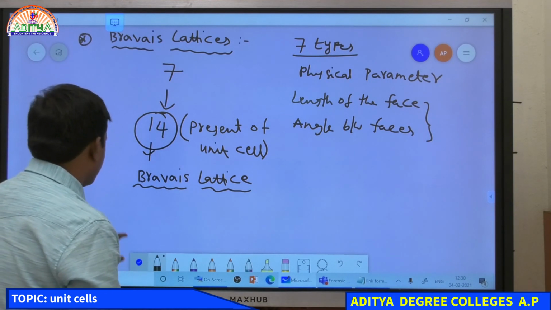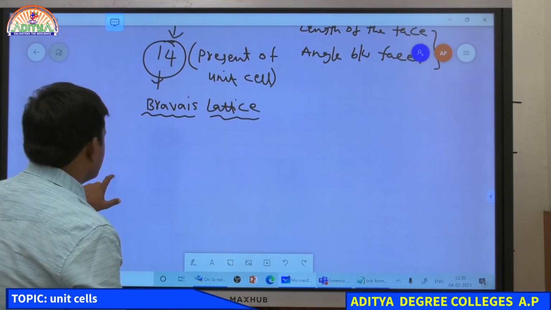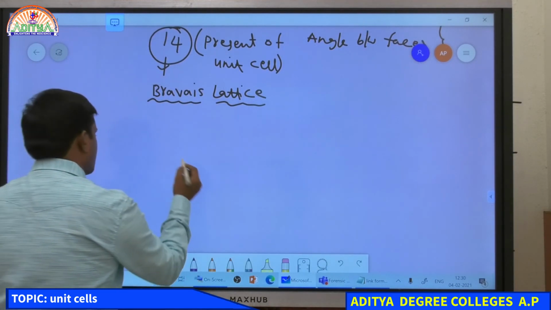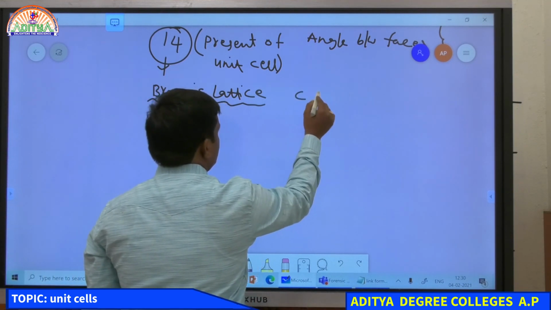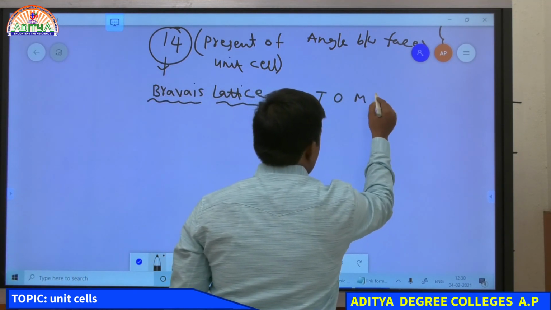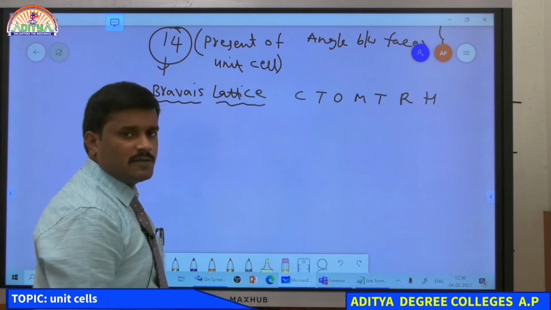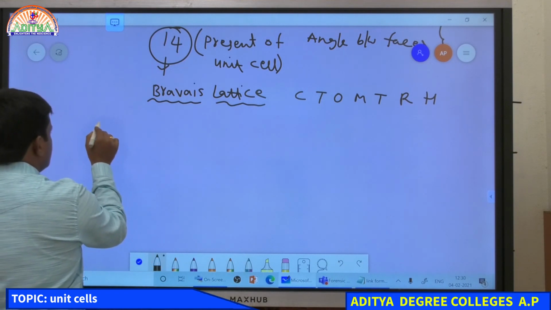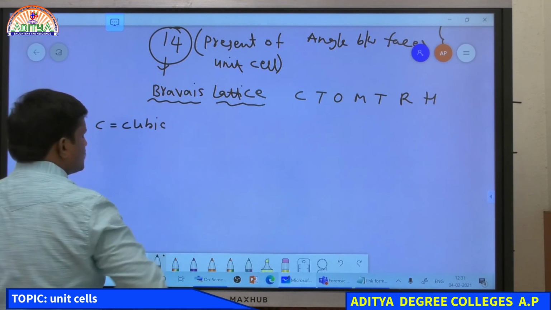So, these are given by CTOMTRH, the 7 types of crystals. Now, the first one is C, that is the cubic crystal.